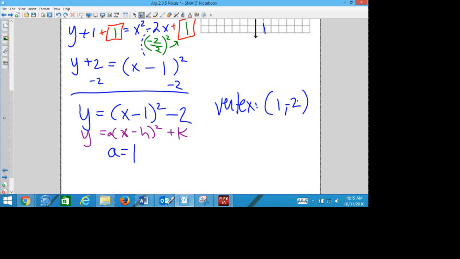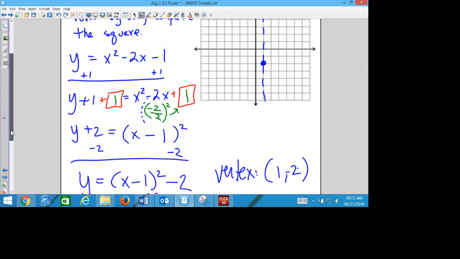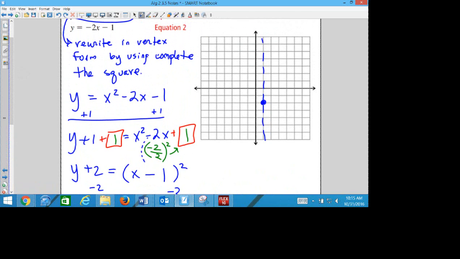So this is basically just the parent function moved. Remember when we did all those parent functions over and over and over again? From here, where do I go? Up 1 and out 1, both directions. If I went out 2, how much would I go up? 4, because it's squared. If I went out 3, I would go up 9.